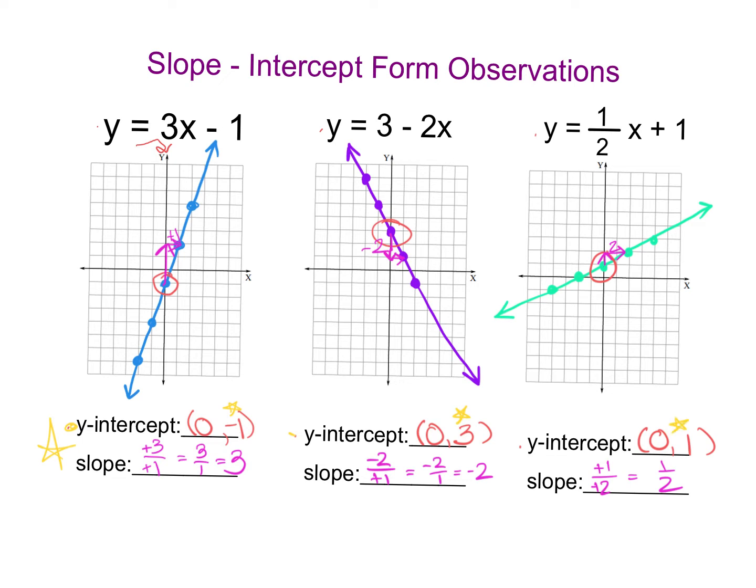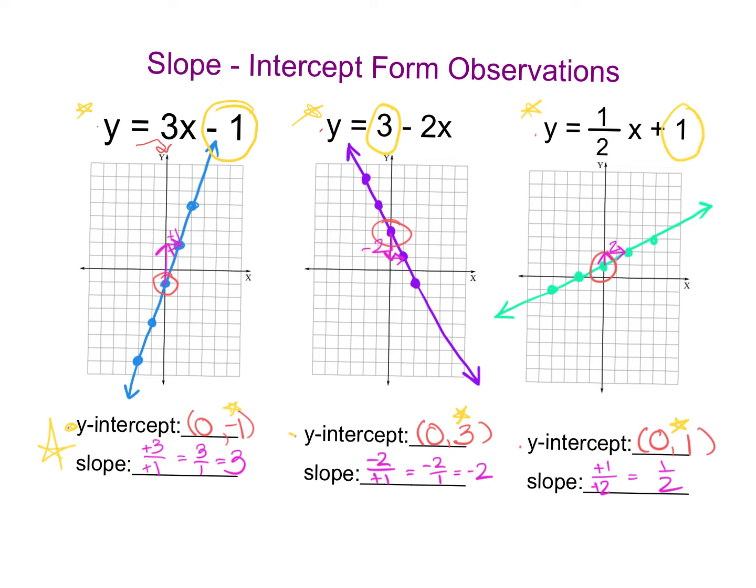And when I look up at these three equations, what I notice is that -1, 3, and 1 are all a part of these equations. We have -1 here, +3 here, and a +1 here.